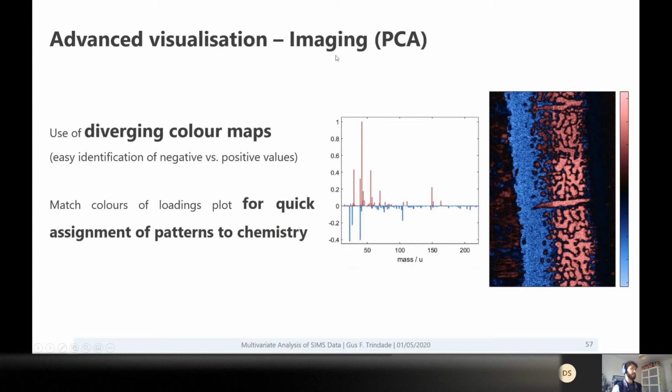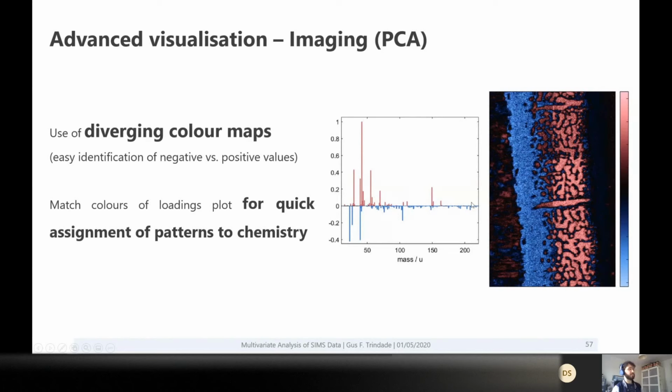For imaging in PCA, it is quite useful to first use diverging color maps, because we have things going from 0 to positive and 0 to negative. So instead of those classic color maps where you go from black to red or from white to some color, you have this 0 as black, and then positive values go to a color, negative values go to another color. And we can also do it for the loadings.